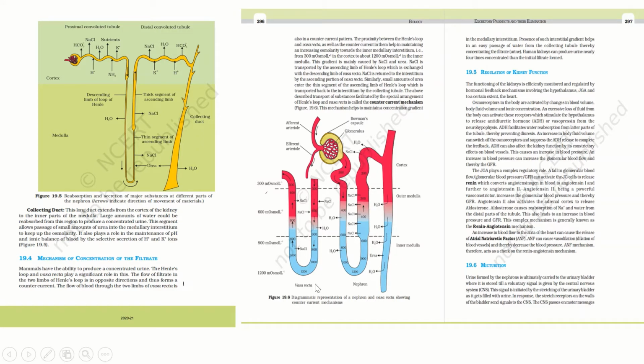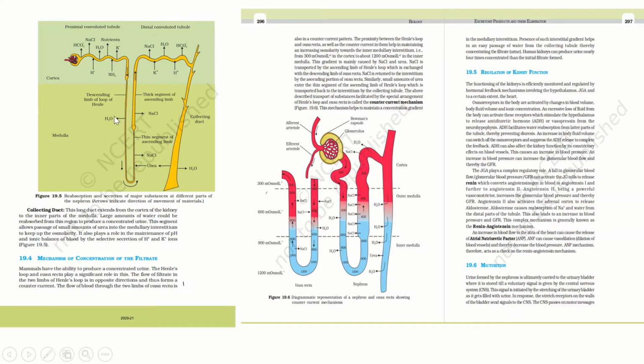So if we look at this particular diagram, from the proximal convoluted tubule the osmolarity is 300, right? And when it moves down the descending limbs of the loops of Henle, we can see the water is getting reabsorbed through the tubules via aquaporins.